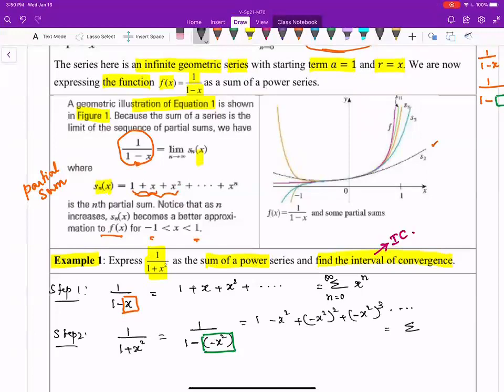Then written in sigma notation, as we said earlier, it is box to the power n. Here the box is negative x squared, that is negative x squared to the power n.